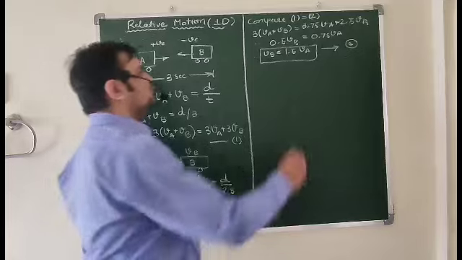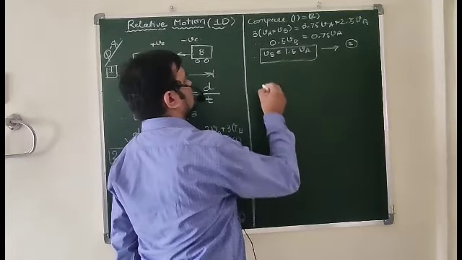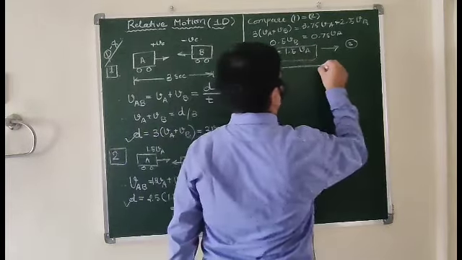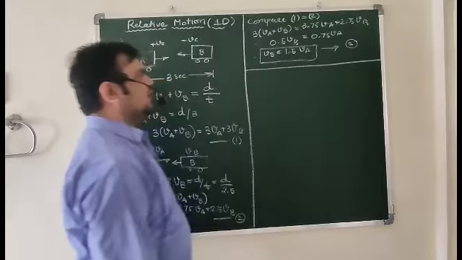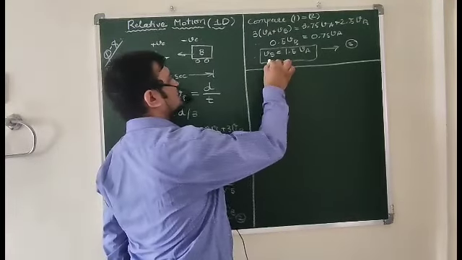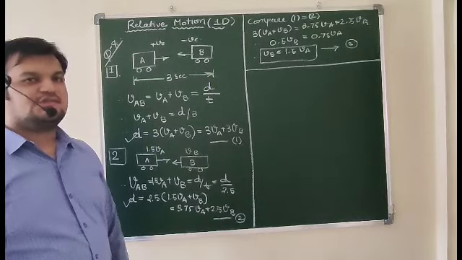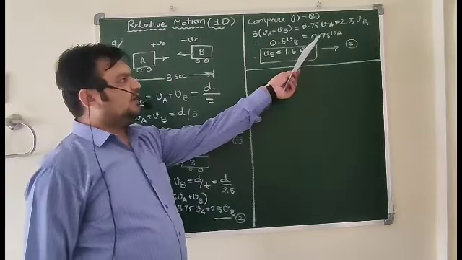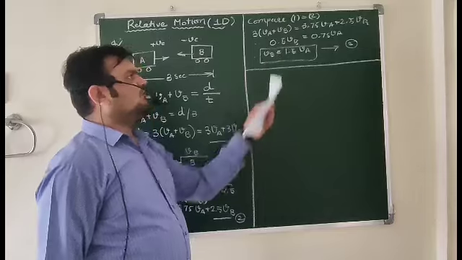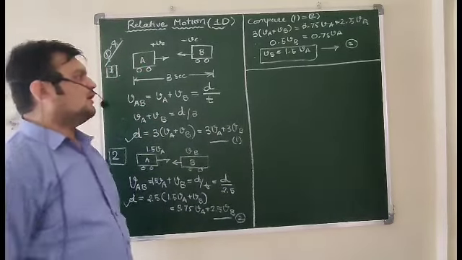So here VB is 1.5 VA. So VB is more and VA is less. So in the chasing condition, VA is moving forward and VB is moving backward.